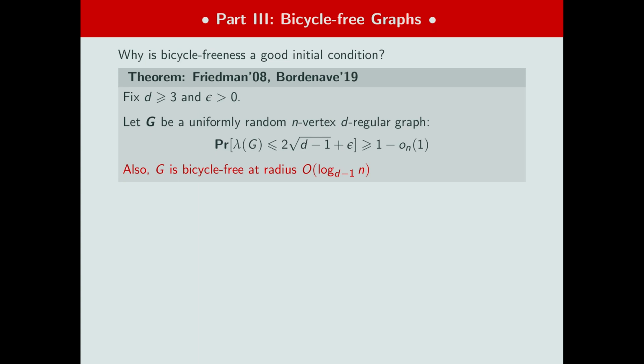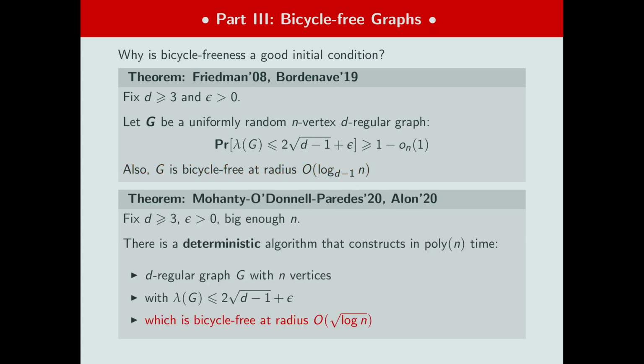It's also no surprise then that this was used in the previous work that we mentioned that constructs explicit near Ramanujan graphs. And this construction also gives that the resulting graphs are bicycle free at a radius not as high as the uniformly random result, but actually just square root of log n.